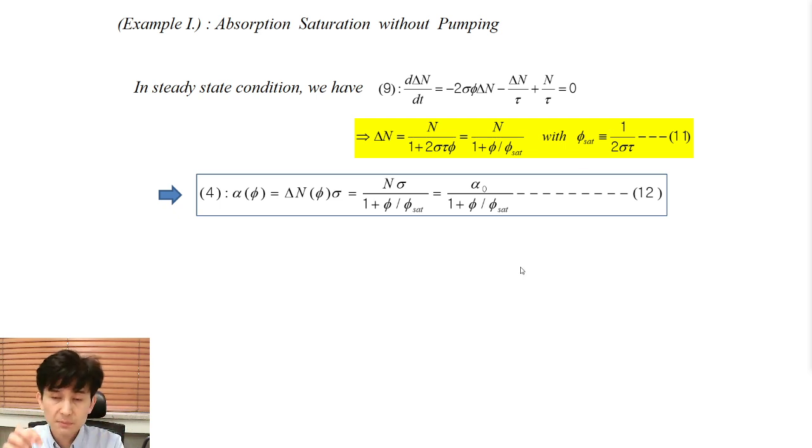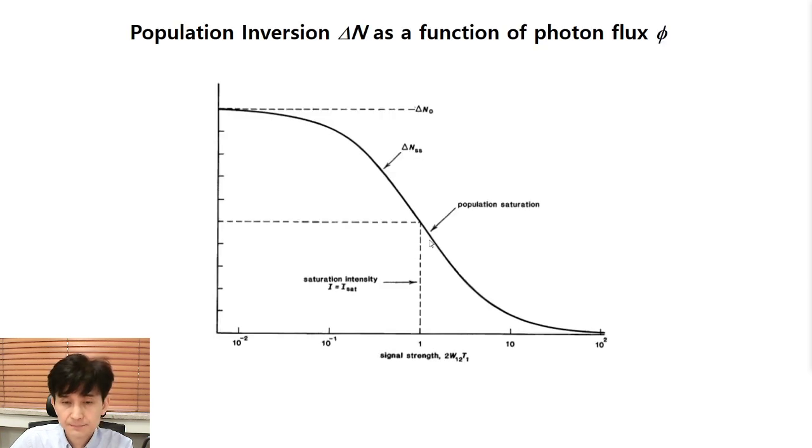So the number of atoms in the excited state and in the ground state becomes the same when a lot of photons come in simultaneously. That's the result of equation 12 or 11, and that's what we can observe in a real experiment.